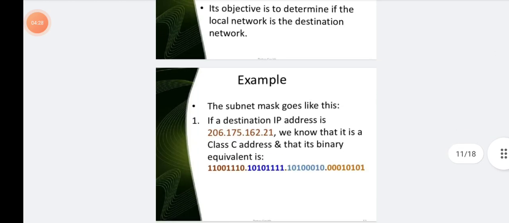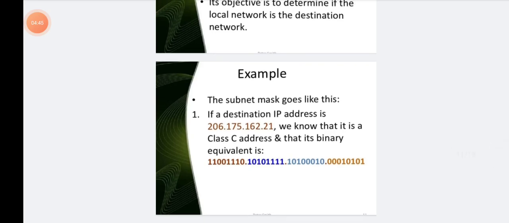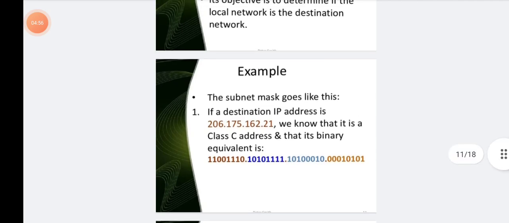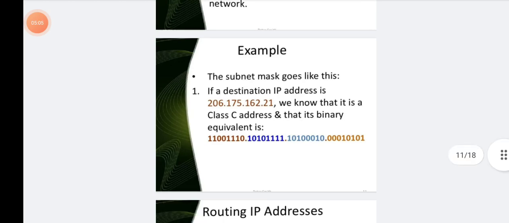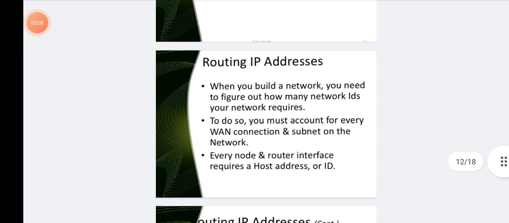For example, if a destination IP address is 206.175.167.121, we know that it is a class C address, and its binary equivalent is 11001110.10101111.10100111.01111001.